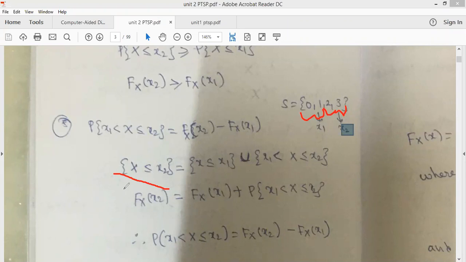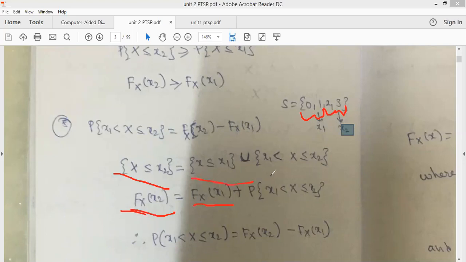Now if you apply the probability to this, probability of x less than or equal to x2 is nothing but Fx of x2. Probability of x less than or equal to x1 is nothing but Fx of x1. Because it is a union, we are adding these two.